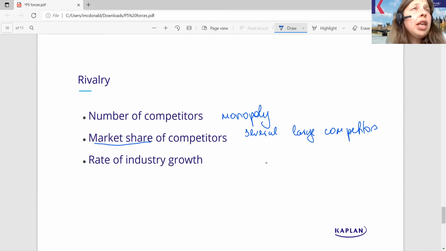If we have many small competitors, if the industry is very much dispersed, then it might be easier for us. As a bigger company, we will have more of a presence in the industry.